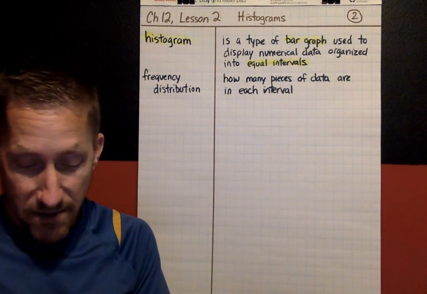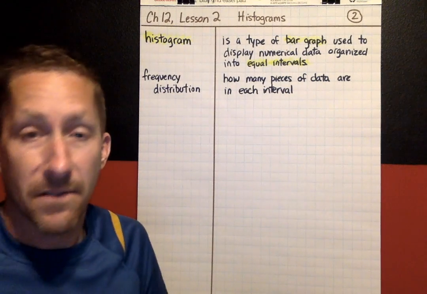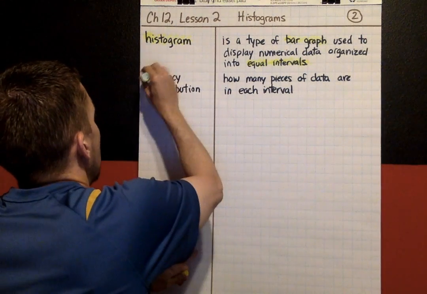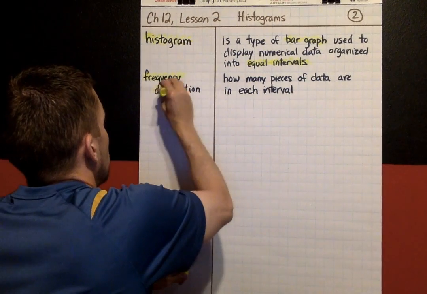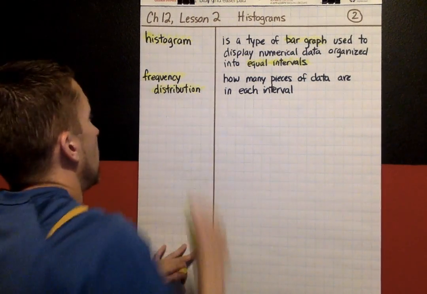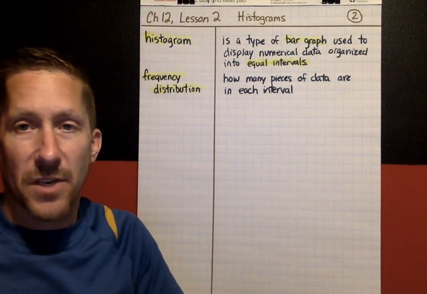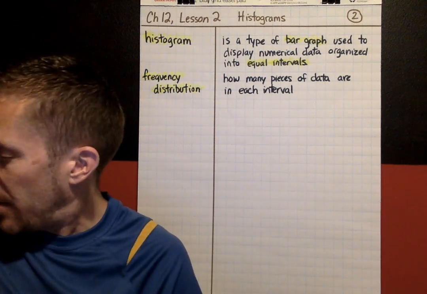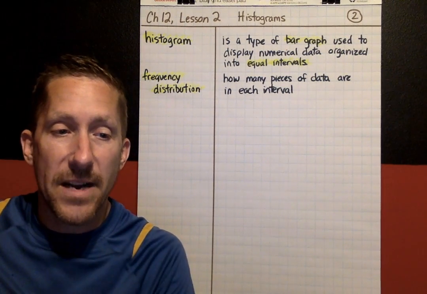Okay, so that's another key definition for today. Frequency distribution. And again, we'll look at what a frequency distribution is when we build our example today that we're going to go through right now.